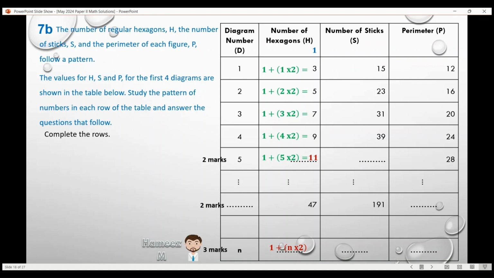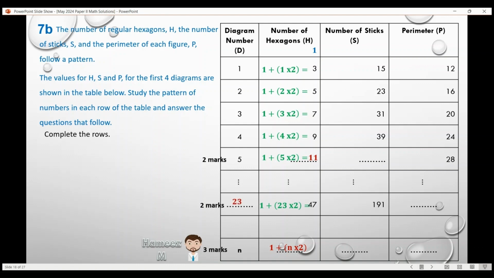For 47. It'll give us an idea for us that 1 plus what number, n times 2 is 47. So 1 plus 46 is 47. And how do we get 46? 1 plus 23 times 2. Therefore, for the first column, the diagram number, which gives us 47 hexagons, would be 23.